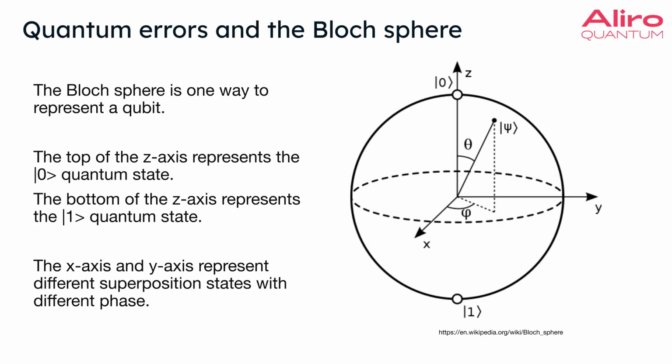So in order to talk more about the types of noise that affect stationary qubits, it's useful to go back to some of the quantum basics and talk about something known as the Bloch sphere. The Bloch sphere is one way people use to represent qubits.